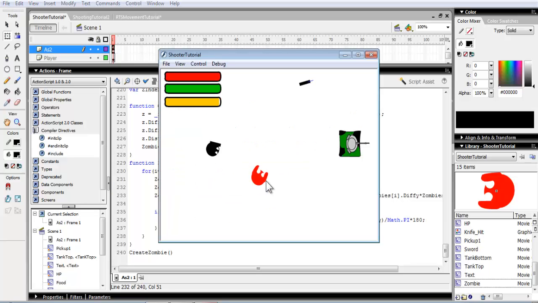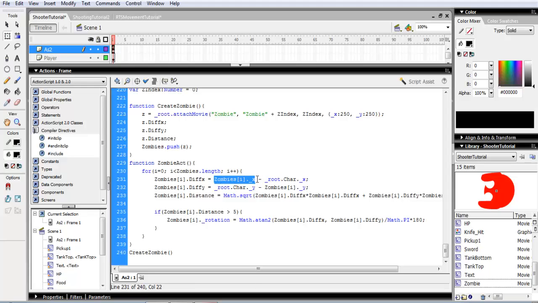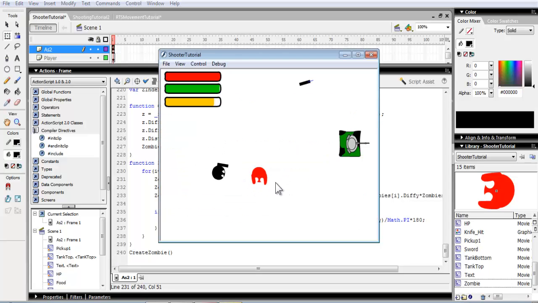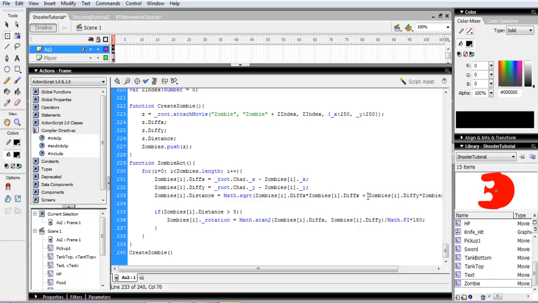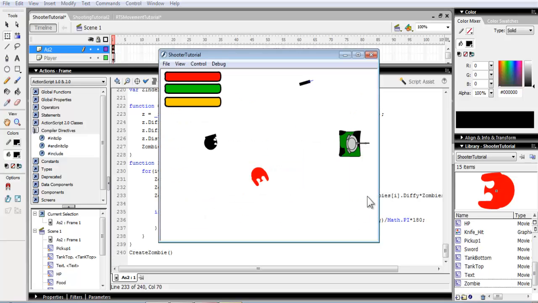So what'll happen if we do that? We'll get weird outcomes like that. But we'll switch all this around. So it's char minus. I don't know why, but that's how you do it. Well, I think that's how you do it. Just gonna try a couple of things here, because that seems to be going the other way.